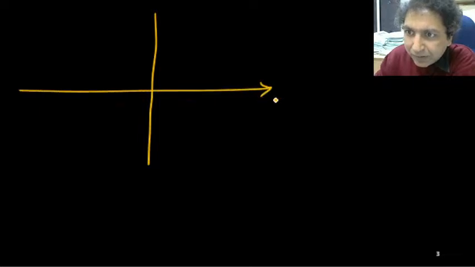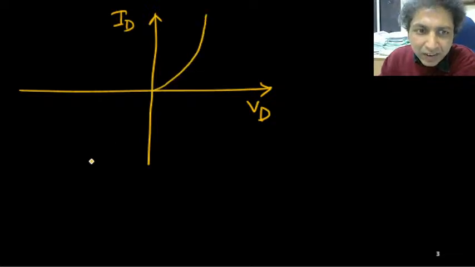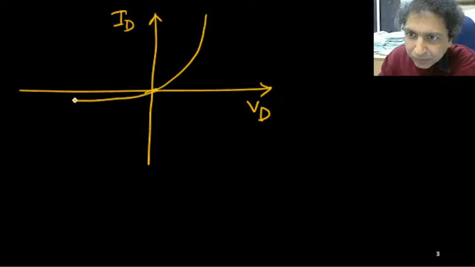So we have this kind of figure. If this is your VD, this side if I plot ID, so this is one exponential rise on the right hand side, and on the left hand side it is decreasing.